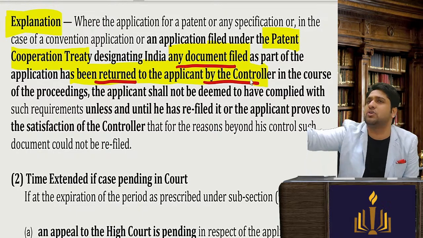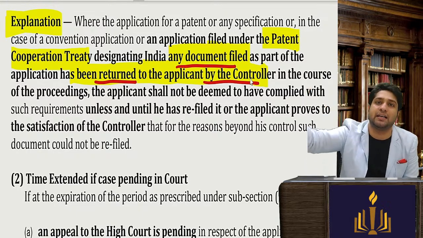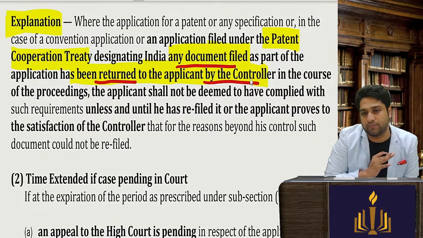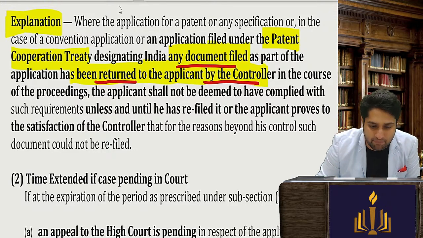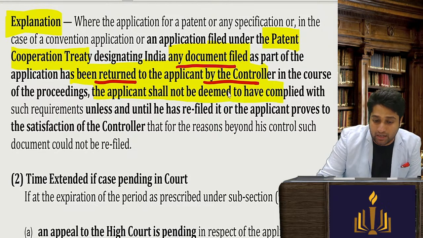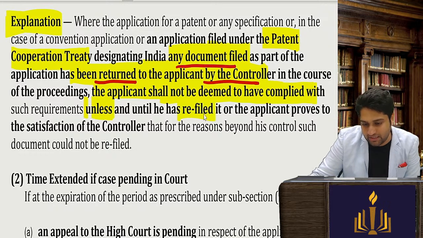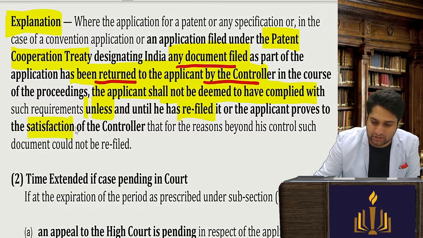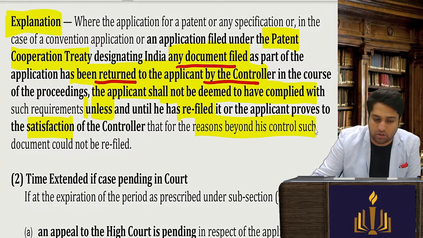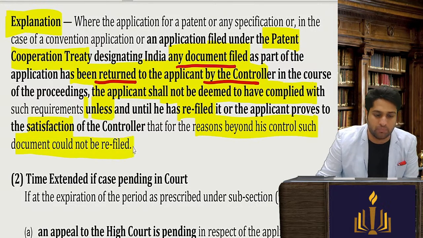So the controller has said, take this document back, correct it, make the changes and give it back to me. And the applicant shall not be deemed to have complied with such requirements unless he has refiled it or proved to the satisfaction that it is beyond his control, such document could not be refiled.